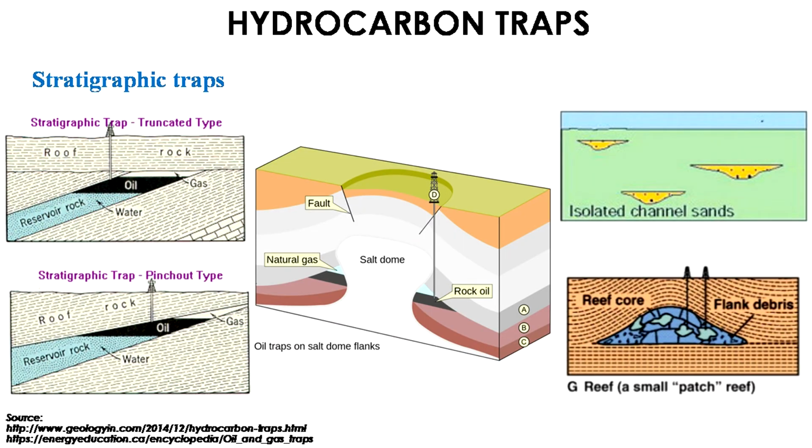What is a stratigraphic trap? Here the trap is formed due to stratigraphic variation. On the left hand side, as you can see in the top picture, there is a reservoir rock which got capped by a roof rock or a cap rock because of unconformity.